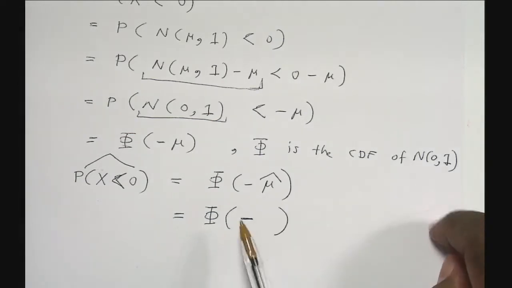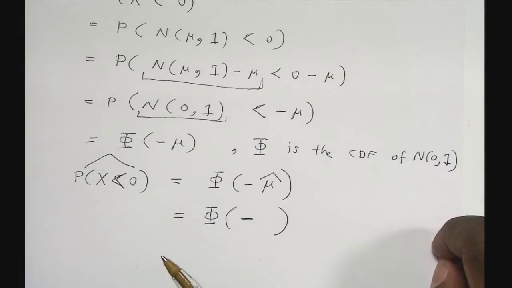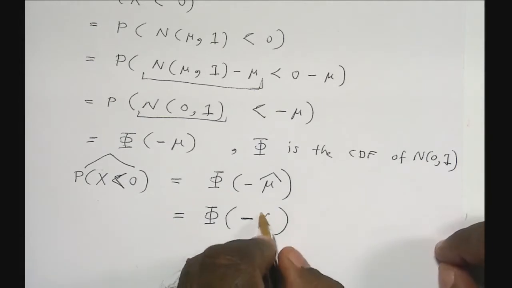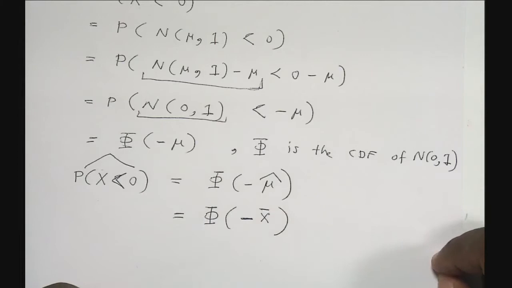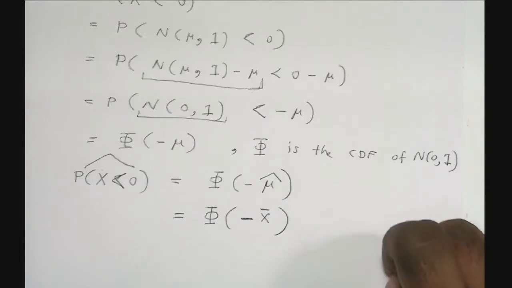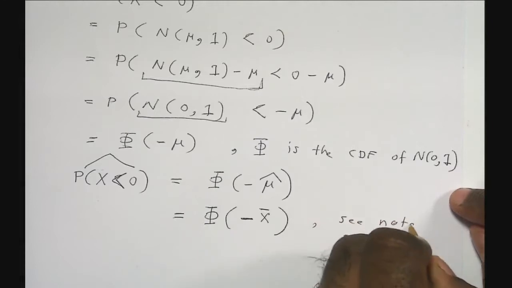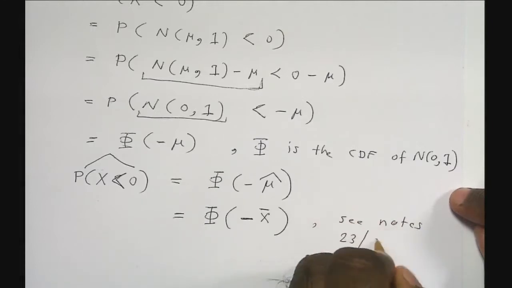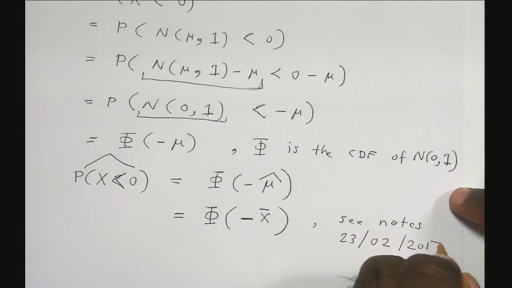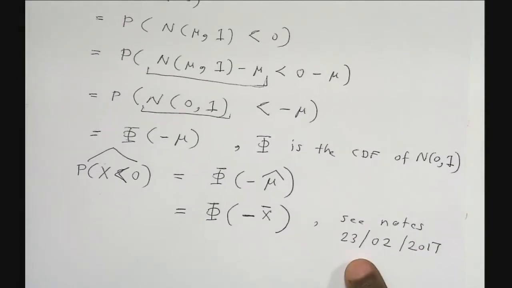What is the estimator for mu? The average of x? Yeah, exactly. It's the average of the x's. If you look back in the notes, at my handwritten notes for the 23rd, the last Wednesday, you will see that mu hat is equal to x bar.